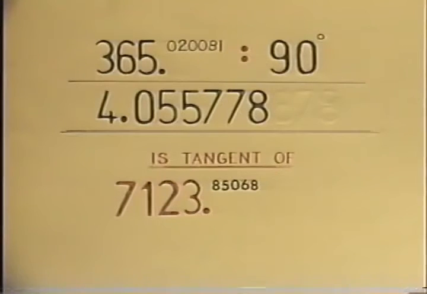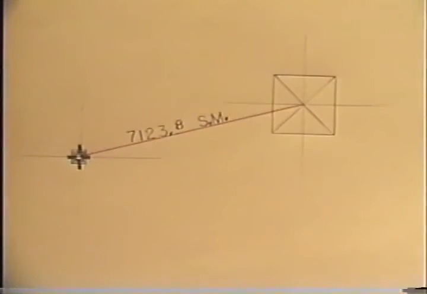A figure which any better modern calculator can show as being the tangent of 7,123.85068. Kukulkan explained the first part. Back in 1993, the U.S. Geological Survey explained the second part.